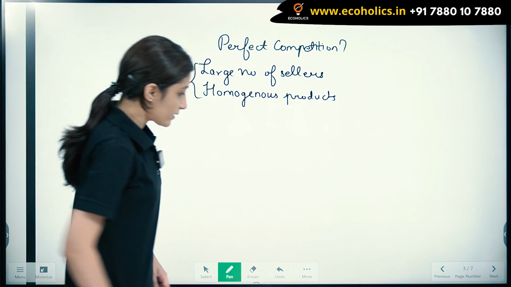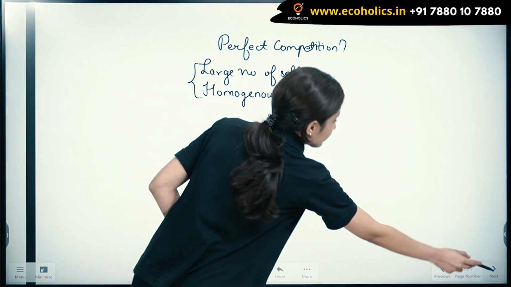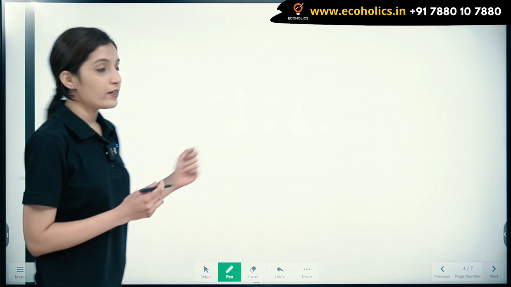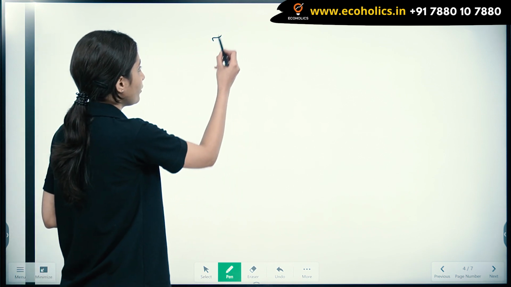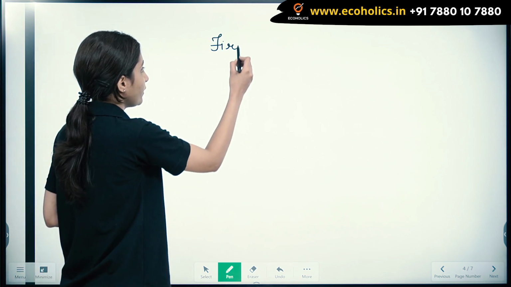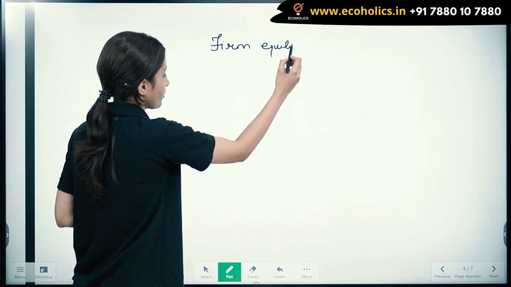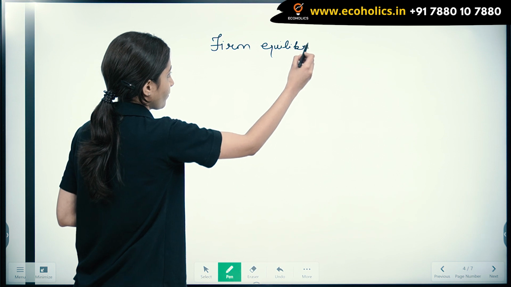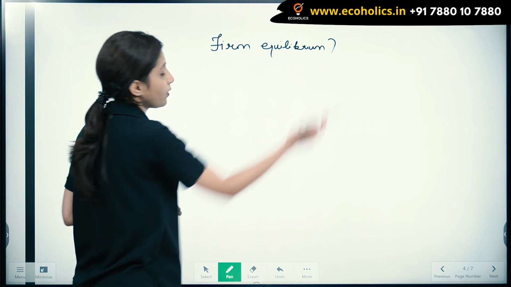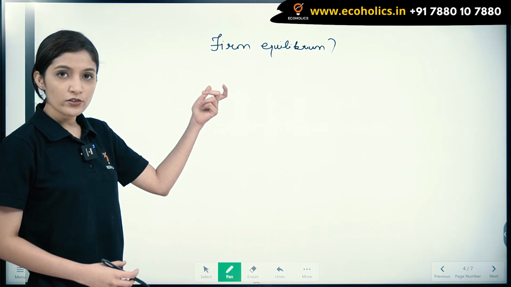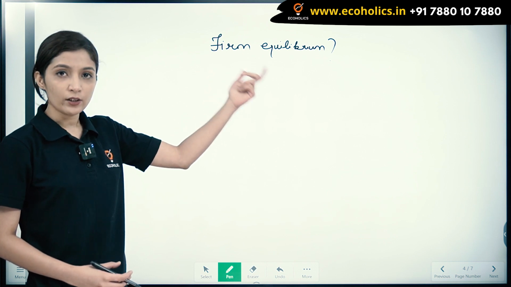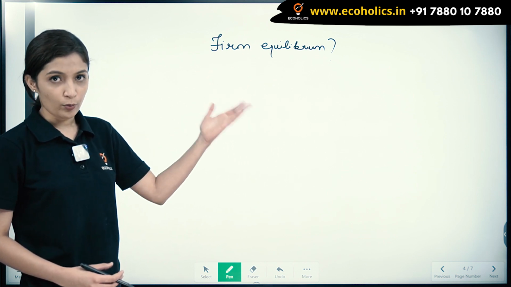Now, let's understand when a firm will be in equilibrium. What are the conditions for a firm to be in equilibrium in case of perfect competition?